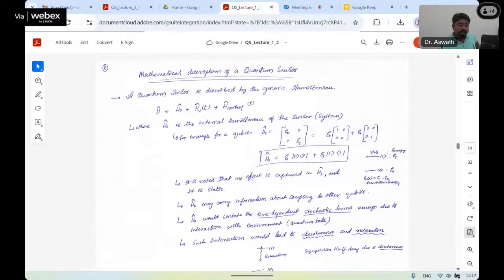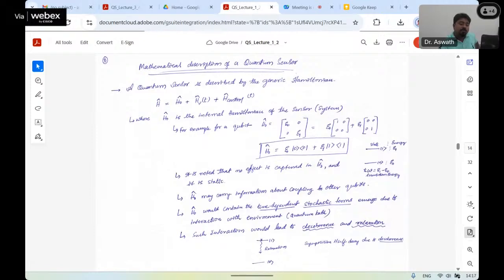Now coming back to the content. Here you see the mathematical description of a quantum sensor. I would start with the system itself. It consists of some energies that I will put in the form of an energy matrix. It's called the energy Hamiltonian. So the system has its own Hamiltonian.